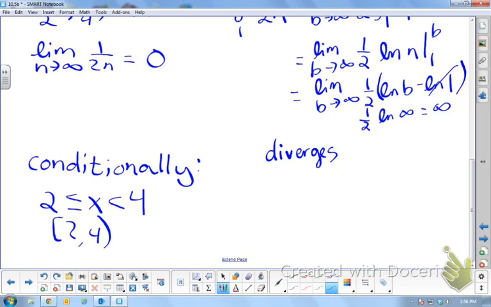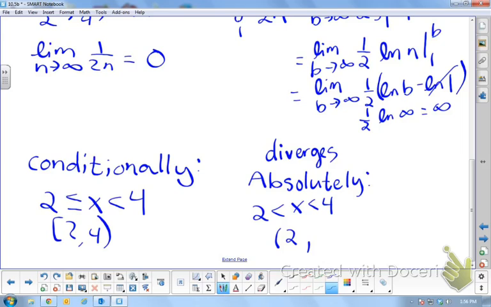But if I ask for absolutely, and they love doing little tricks like this to you, where one word changes the whole question, if it was absolutely convergent that they ask you about, then we wouldn't have any symbols, any less than or equal to. It'd only be less than.